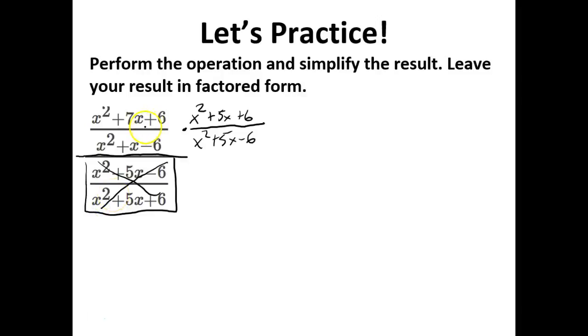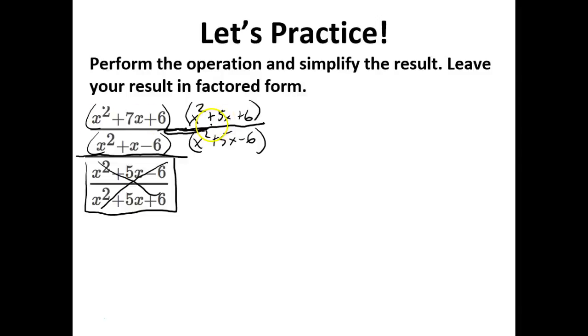When I do that, we're going to take this top times this top, bottom times bottom, all in one great big fraction. When we multiply these, we could multiply them all together, but we eventually want to factor to see if we can factor things out.